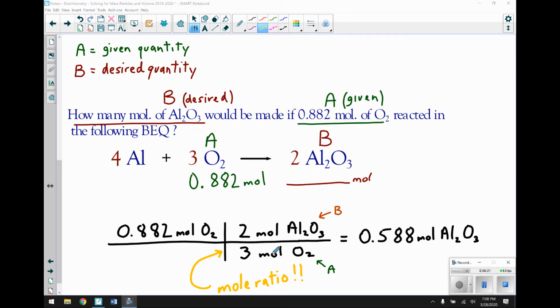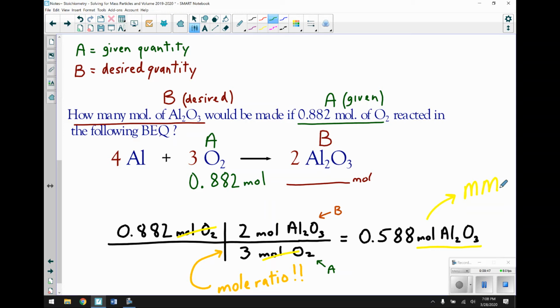And again, we can see that with our mole ratio, moles of oxygen cancel out, and what we're left with are moles of B. Well, let's say we wanted to calculate mass of aluminum oxide. We would just take these moles and multiply by the molar mass of aluminum oxide. But we only wanted moles in this case, so we can stop here.